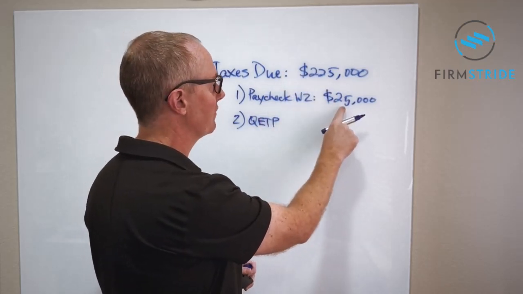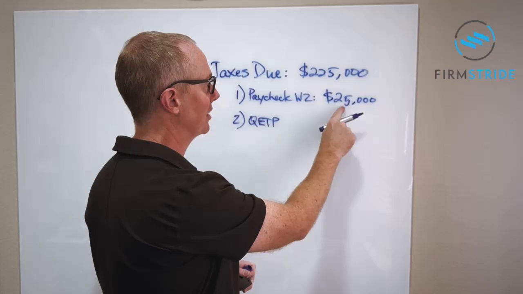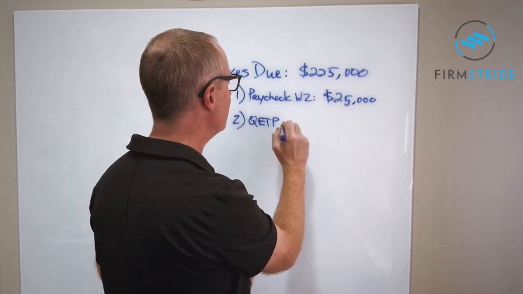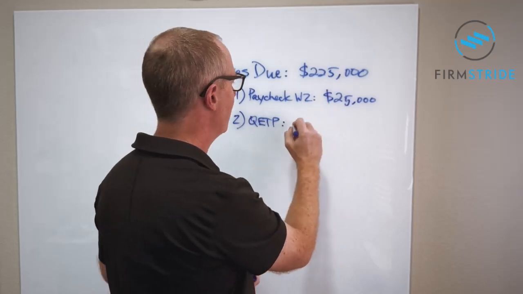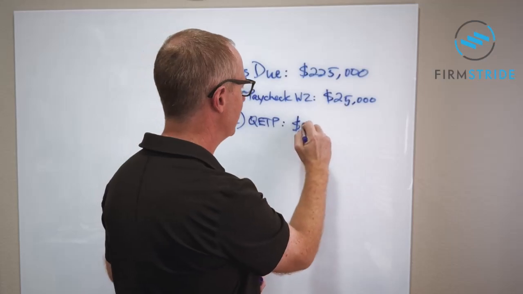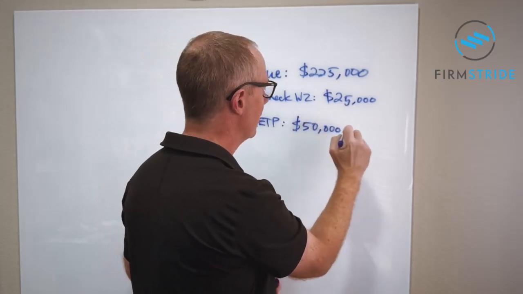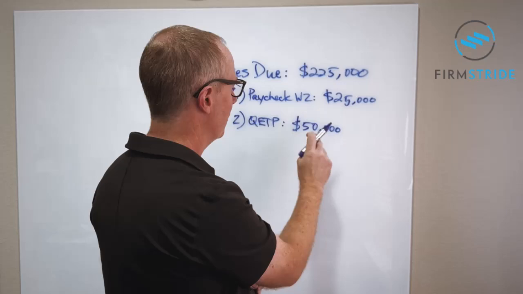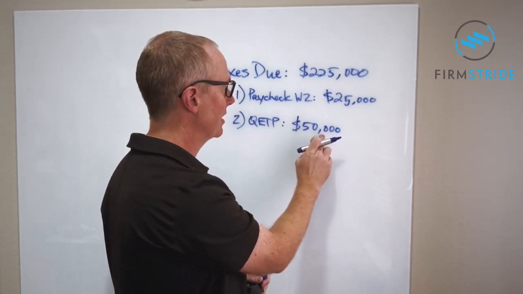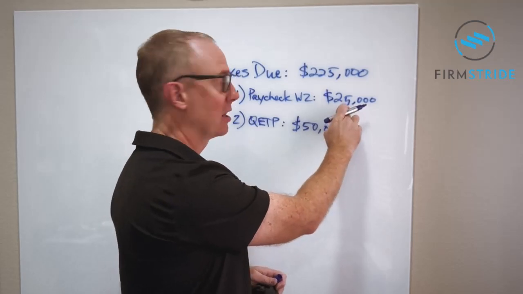So if you're withholding $25,000 from your paycheck for the year, you're going to have $200,000 left. So let's pretend that we withhold $25,000 and then we pay $50,000 4 times per year. So we're going to be paying a total of $200,000 this way, because there's 4 estimated payments.